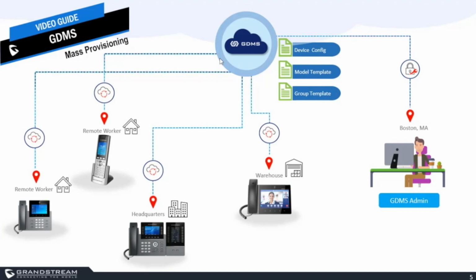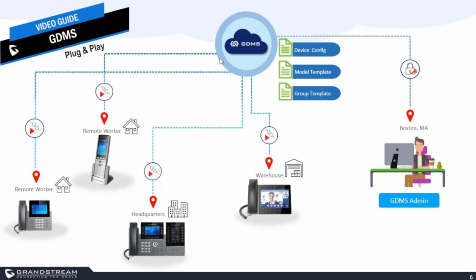Additionally, the administrator can specify to which site or subsite to apply the template. One important thing to note here is that there is no limit to the number of devices that you can add and manage from your GDMS account.